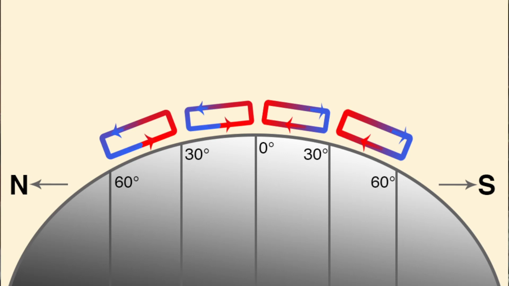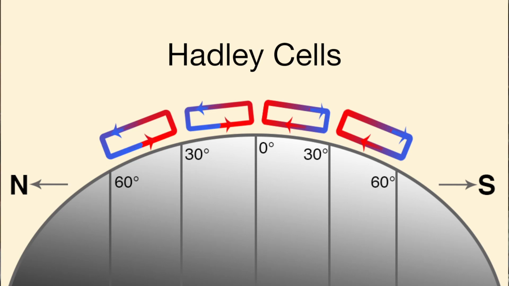The cycle of air produced between 30 degrees latitude and the equator therefore creates a cycle or cell, which we call the Hadley cell, named after George Hadley, the 18th century English scientist who came up with the early explanation of global wind patterns. Pay special attention to the subtropical high and its effect on air movement or wind at the surface of the Earth, because that will explain much of the global wind patterns.